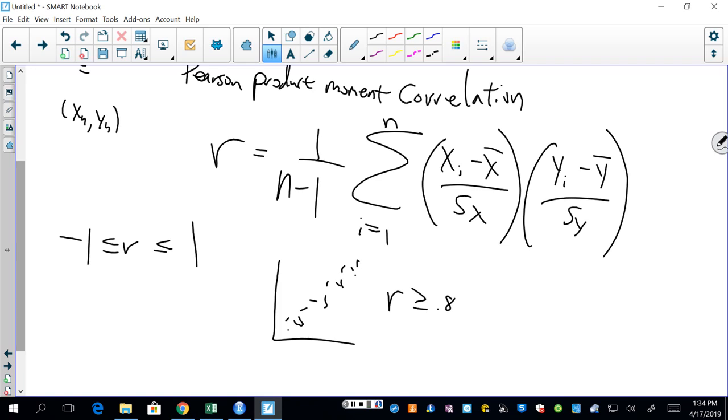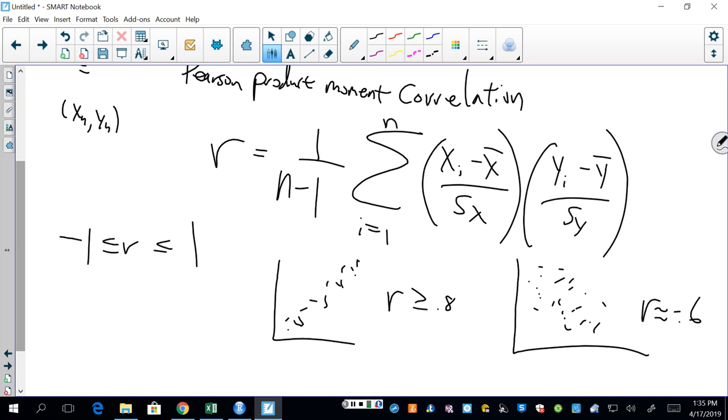As X gets big, Y tends to go down, and vice versa. So if it's sloping down and a little bit more spread out, maybe the R would be about -0.6, sloping down, a little bit less tight around that line. Just a couple examples of these values.